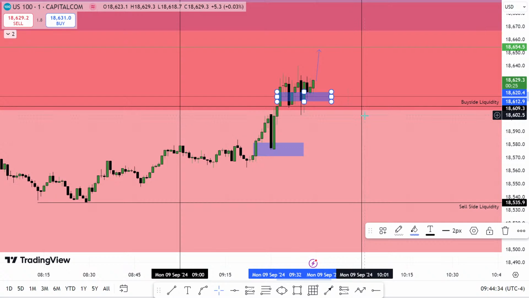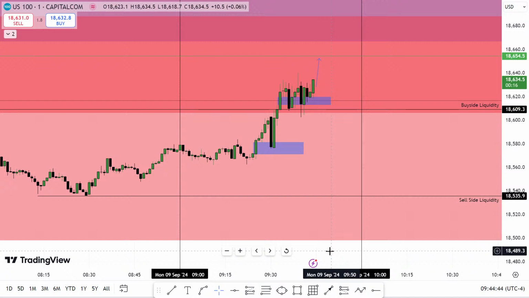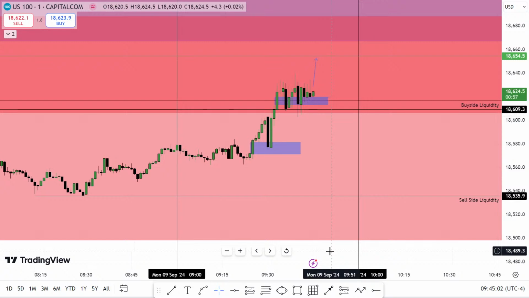Until it breaks through this fair value gap, I'm not looking for anything to the downside. So let's just see what we get from there.